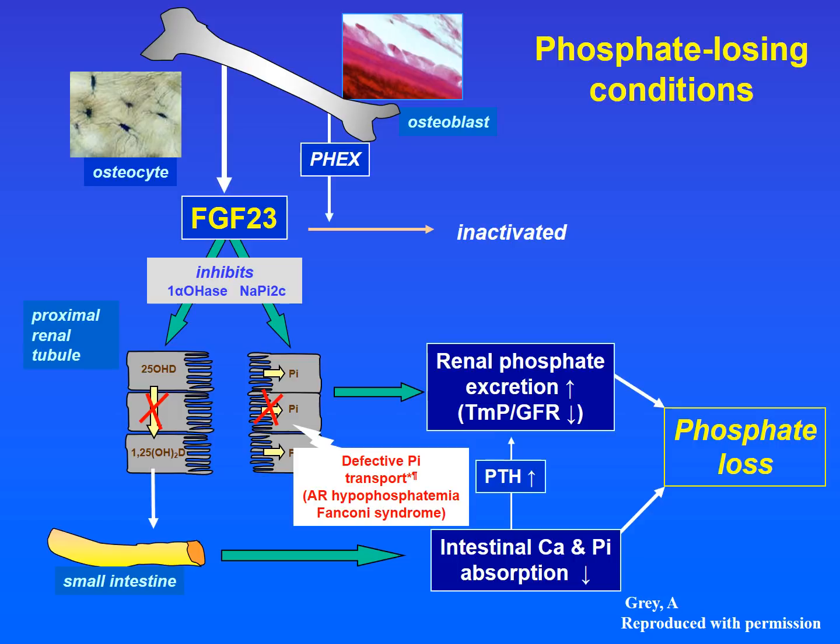And FGF23 in physiology inhibits that 1-alpha hydroxylase and so reduces the production of 1,25-dihydroxyvitamin D and thereby gut absorption of phosphate. It also inhibits phosphate transporters in the proximal renal tubule and increases renal phosphate loss. Both of those things in combination lead to hypophosphatemia.